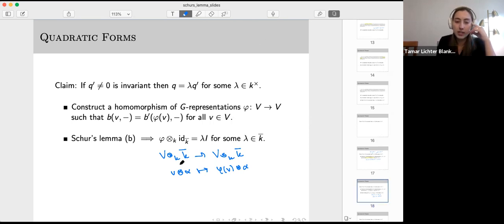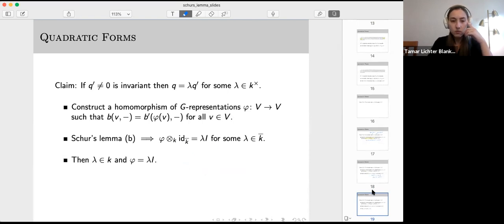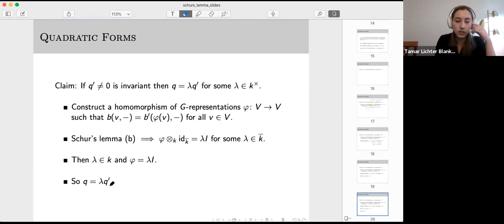But if you think about the way this map is defined, if this is equal to multiplying by lambda, then this has to happen in the first piece. You get that lambda is actually an element of the original field K. And so phi is equal to lambda I. And then what you can say is that Q is equal to lambda Q prime.